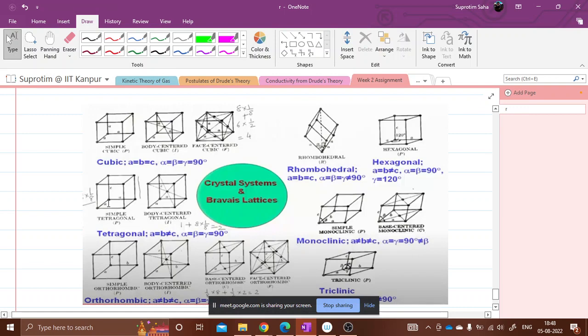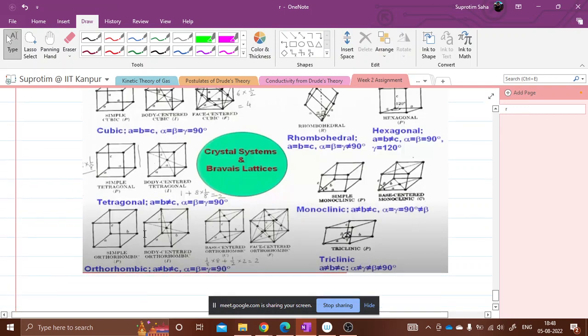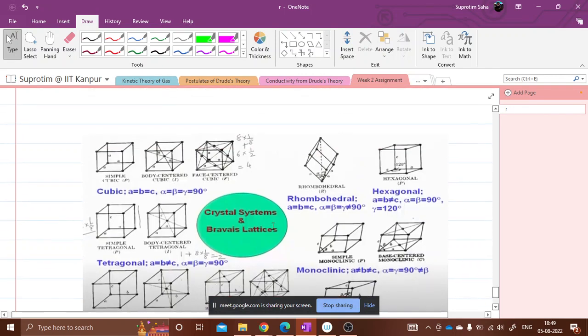For tetragonal, you have simple tetragonal and body-centered tetragonal. And for orthorhombic, where all the sides are unequal but mutually perpendicular, you have simple orthorhombic, body-centered orthorhombic, base-centered orthorhombic, and face-centered orthorhombic.